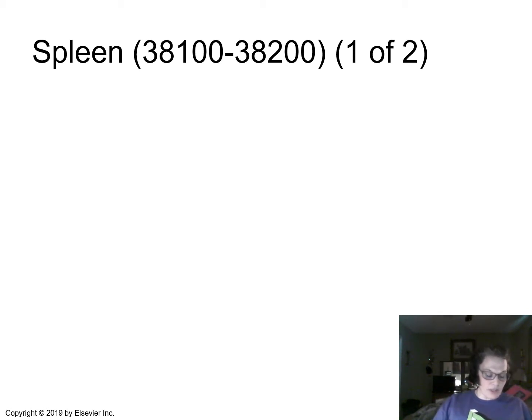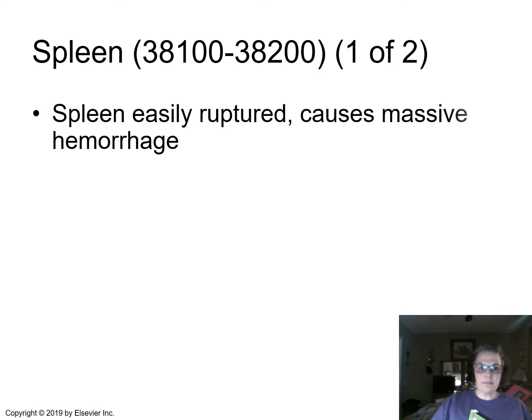Here's your first question. Where are the codes for spleen and lymph nodes located in the CPT manual index? That's question number 1. Our next slide is going to talk to us about the spleen.